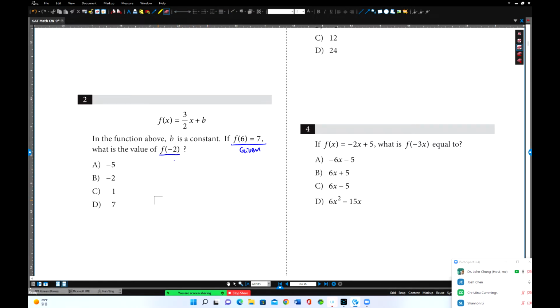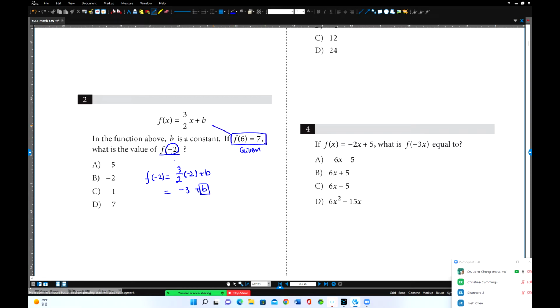How can you find f of negative 2? To find it, this is the value of x. When x equals negative 2, what is the value of y? So 3 over 2 times negative 2 plus b equals negative 6 over 2, negative 3 plus b. Still, we have an unspecified b. How can you find b? From the given.